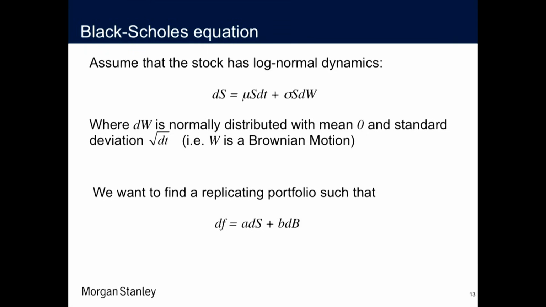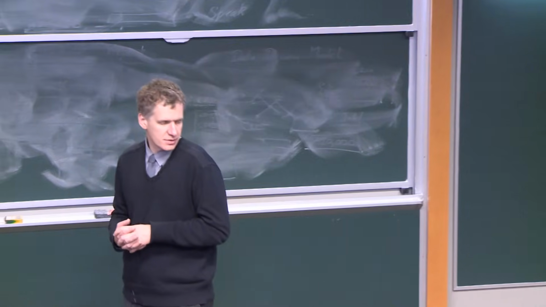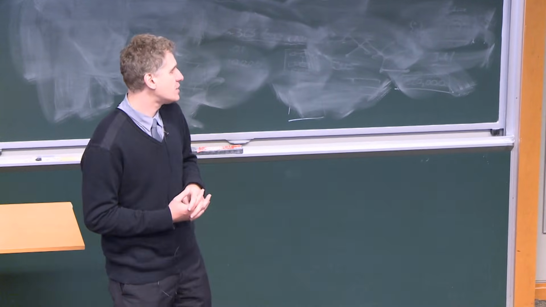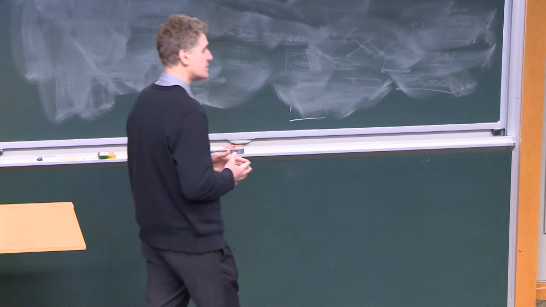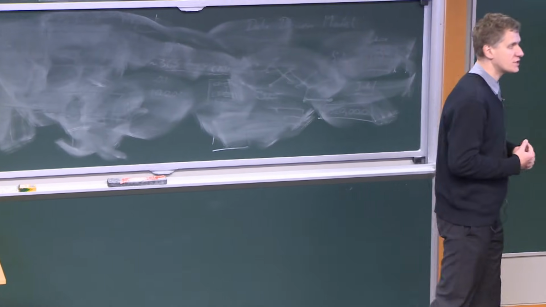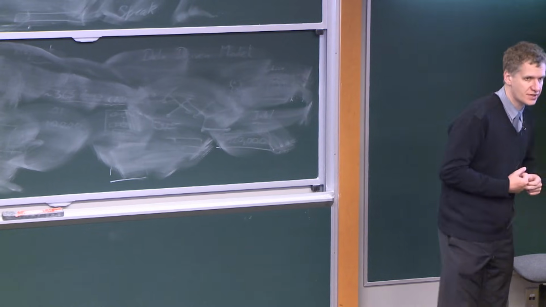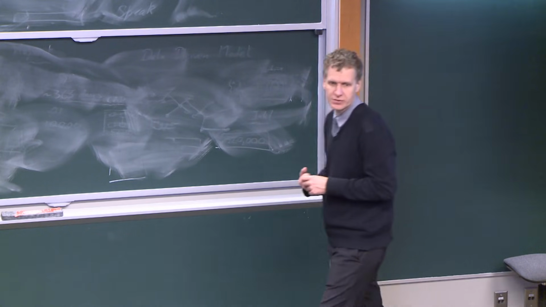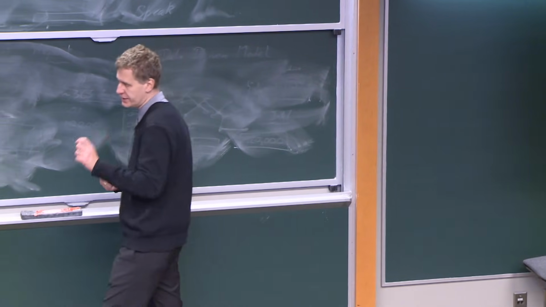So this dW is distributed normally with mean 0 and standard deviation which is actually square root of dt. That's how Brownian motion works, and it's extremely important that the standard deviation of Brownian motion is square root of delta t.